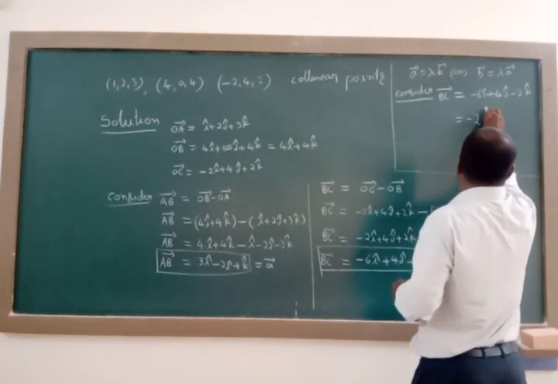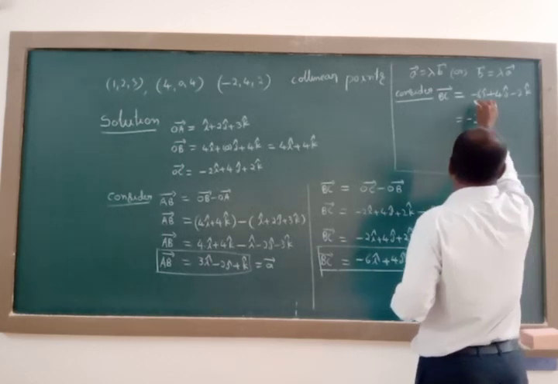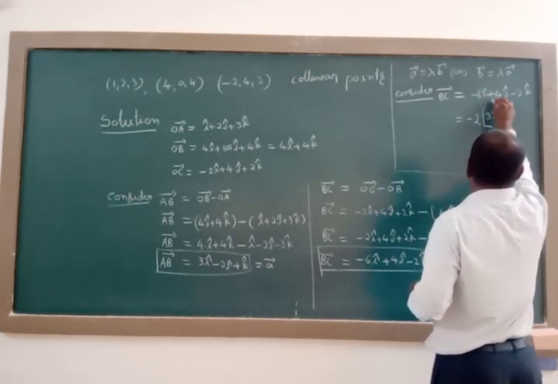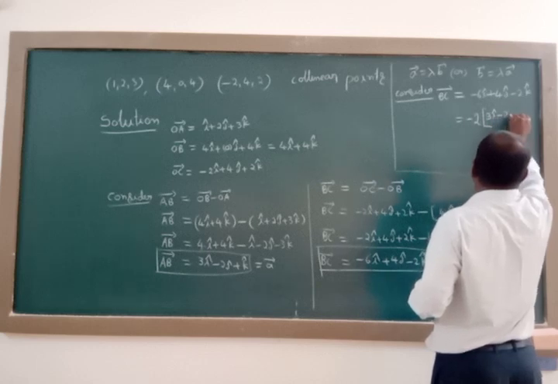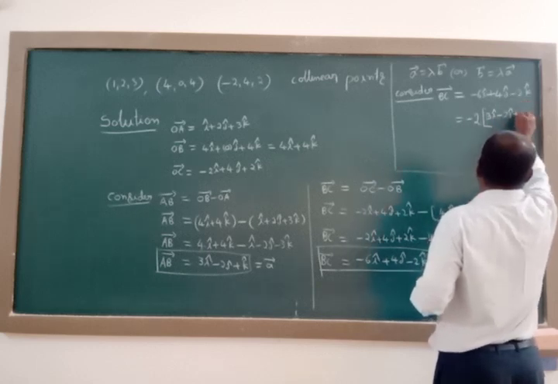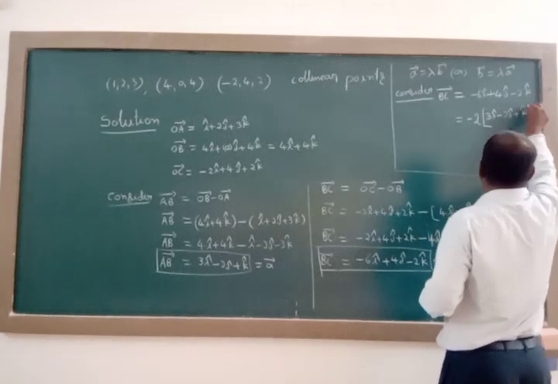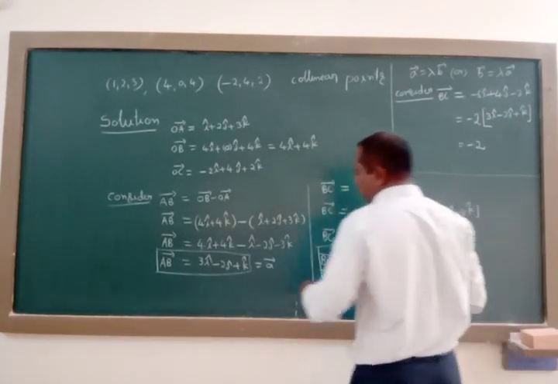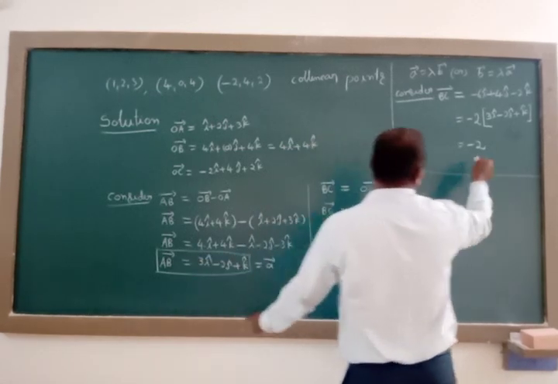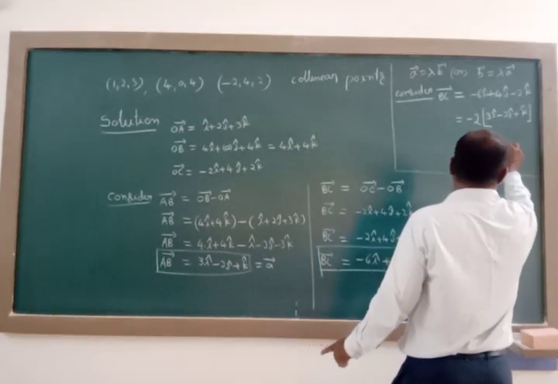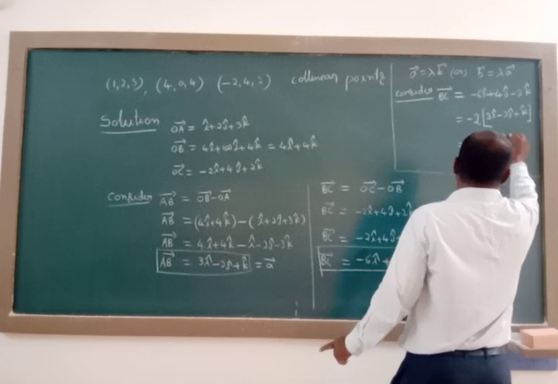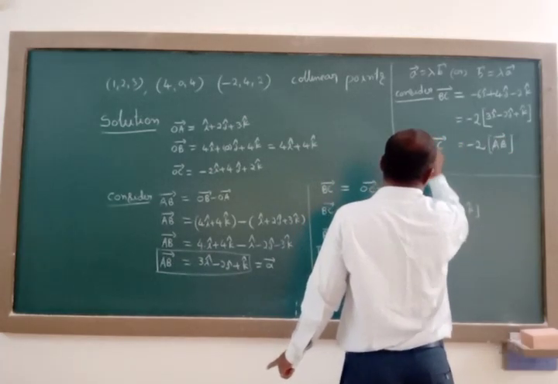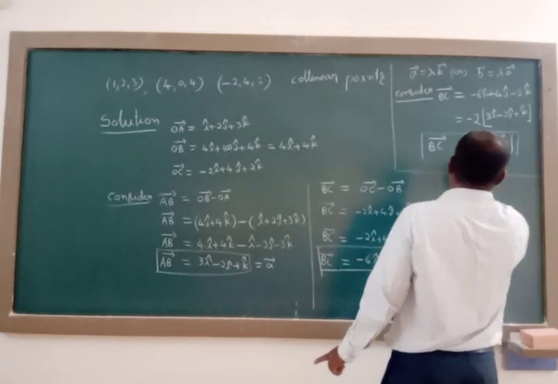If you take minus 2 common, the bracket part becomes 3I cap, minus 2J cap, plus K cap. That is already the vector AB bar. So BC bar is equal to minus 2 into vector AB bar.